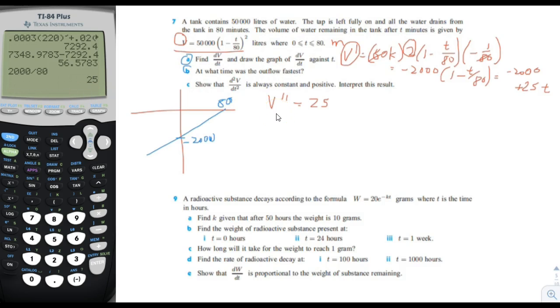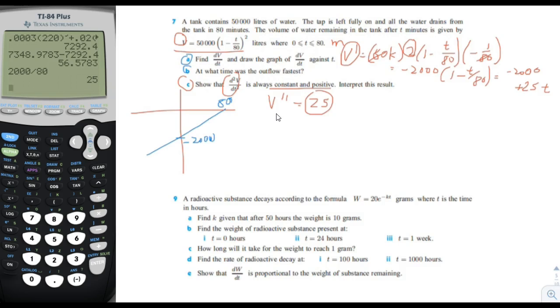So let's skip B for a second and go directly to C. In an effort to find when the outflow was fastest, I looked for the second derivative of V, but then I found out that the second derivative of V is always plus 25. And then I look at C and it says, show that the second derivative of V is always constant and positive. There, we've just done that. Interpret this result.